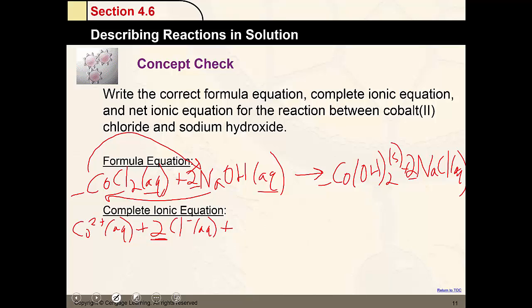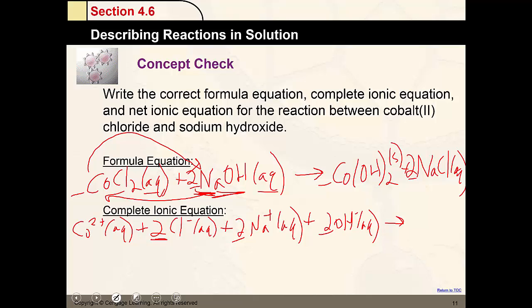And then the tricky part for the next one, 2 NaOH, that means there's 2 NaOH ionic compounds there. So that applies to both the Na and the OH ions. That means there's 2 Na+ ions there, as well as 2 OH- ions. So just be careful you don't apply it to just the first compound, just the Na. You have to apply it to the entire compound.